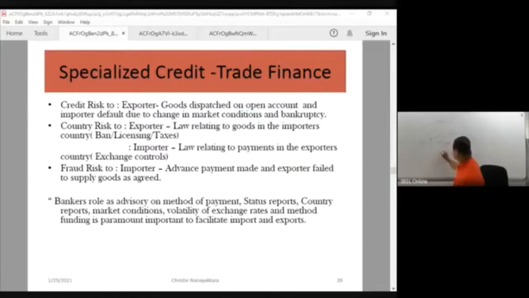This we call collection. Originally, there was a transaction where a letter of credit had been established. As a result, C was able to get a packing credit, and those bills are presented. He can get a foreign bills purchase.